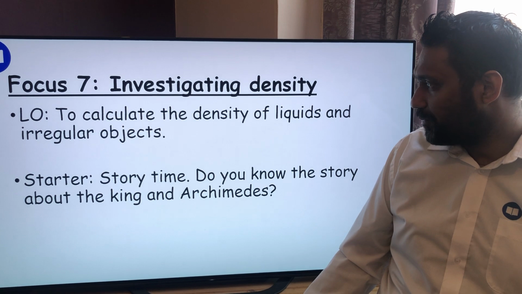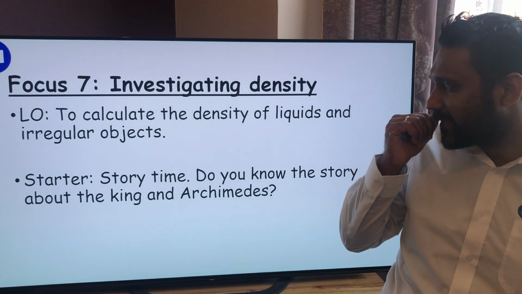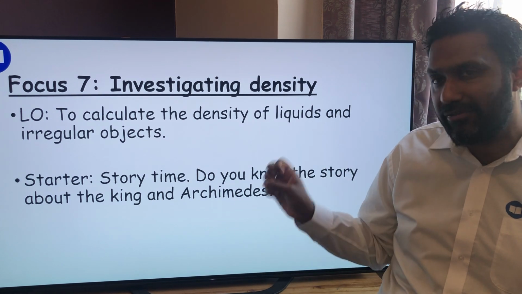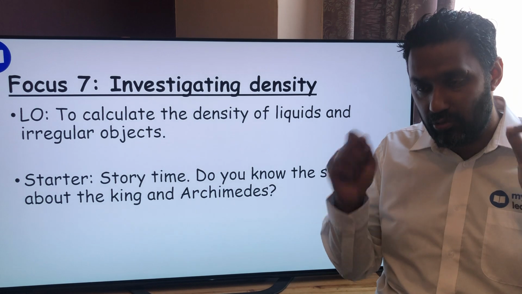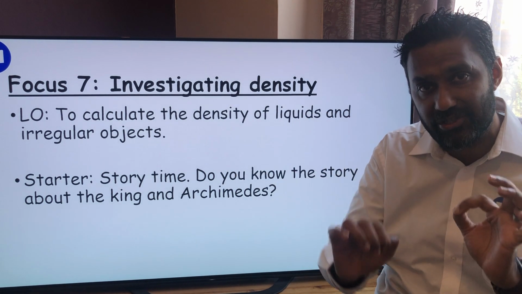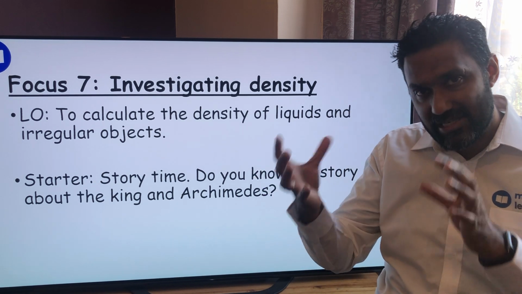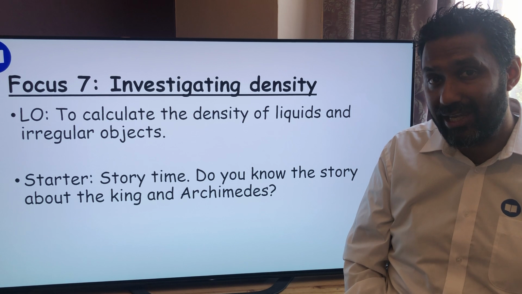So that's the first required practical. The next practical is you need to know the density of irregular objects. We just talked about regular objects where you've got a ruler and you can use the ruler to measure the length times the width times the height to get the volume. You measure the mass, weighing on a top pan balance. You divide the two numbers, and it gives you the density of your regular objects.